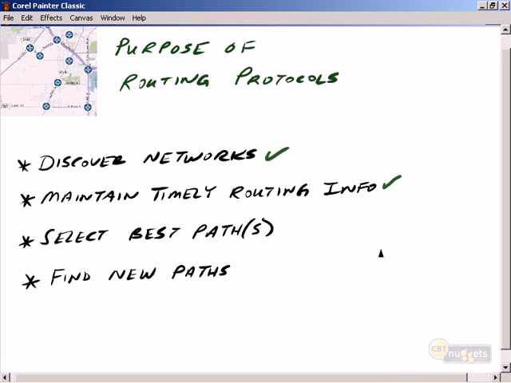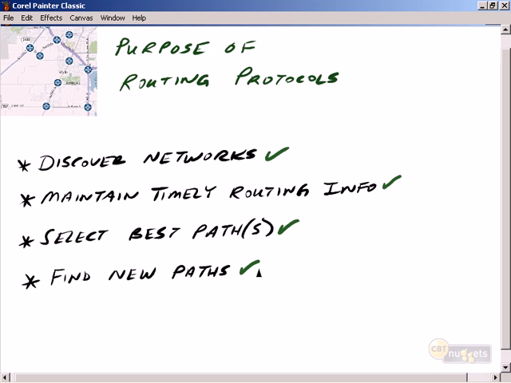We also want to find the best path or paths to destination networks. We want to discover those networks and find the best path, the cheapest, the lowest cost path, either in the number of hops or based on the link speed. And then, if a current path is no longer available, can we find new paths to our destination?